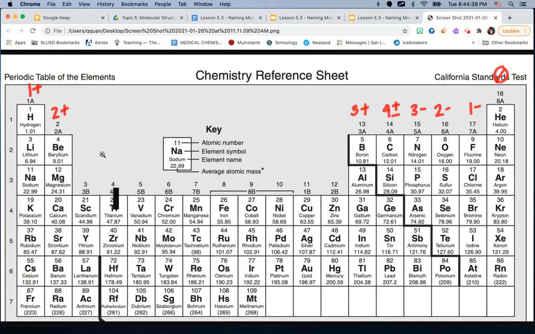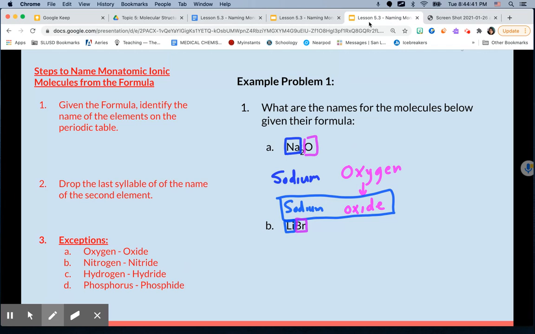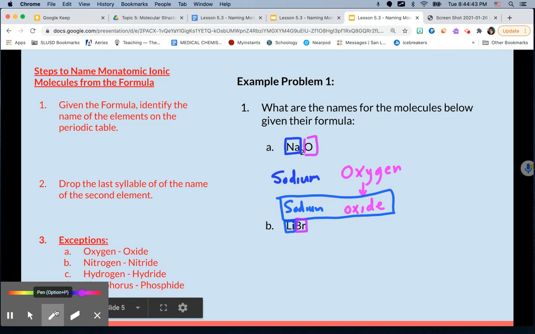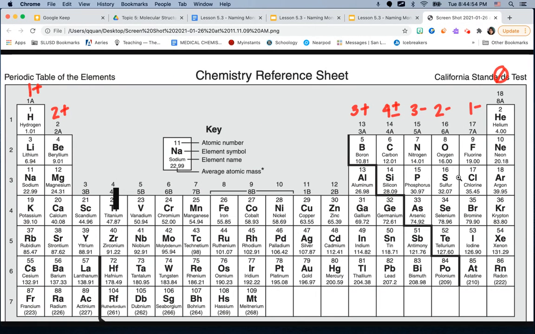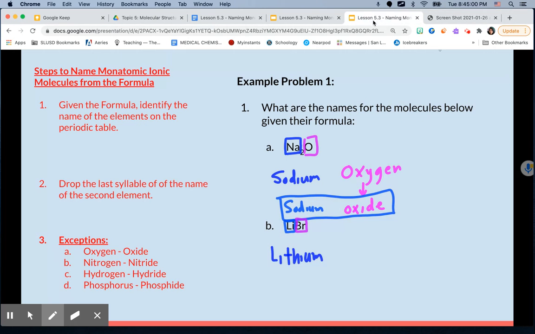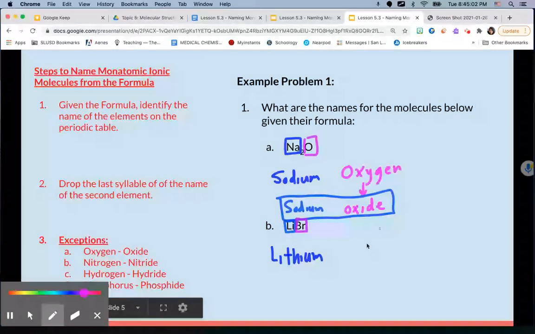It is called lithium, like the batteries. Lithium ion batteries are made from that element, actually. Lithium. And then Br, if I look, Br is over here, bromine.